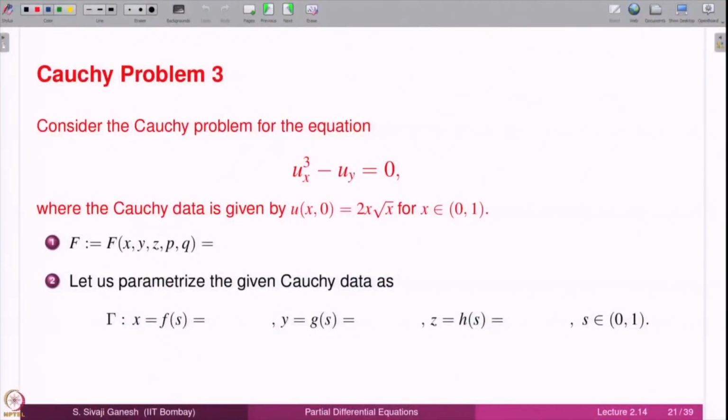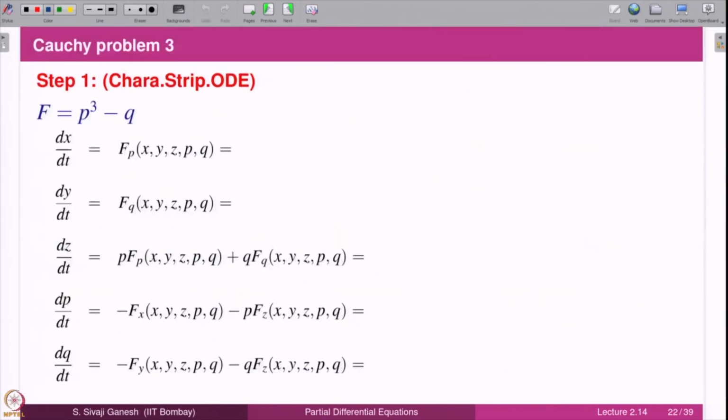Let us look at this Cauchy problem, u_x cube minus u_y equal to 0. So, f is p cube minus q, this is s, 0, 2s, root s, that is the initial curve Cauchy data.